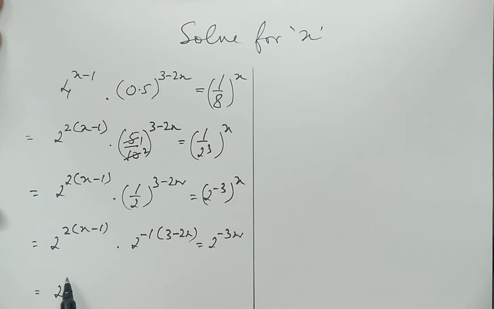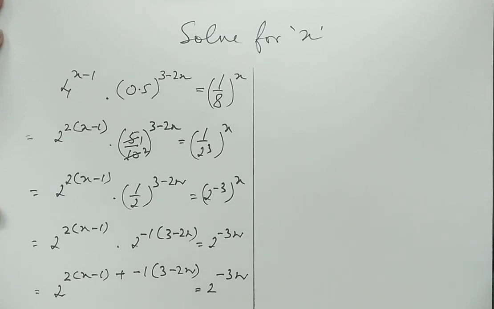So 2x minus 1 plus minus 1, 3 minus 2x, bracket closed, equals to 2 minus 3x. Correct? So we need to simplify this. Okay, let's put a curly bracket over here for further clarity.